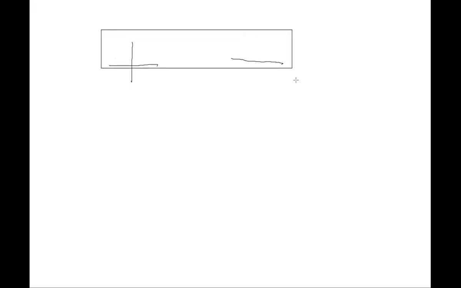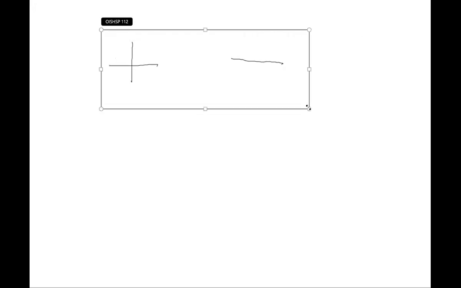So operations on real numbers. You know what the operations are. Operations are of two categories. One is addition, subtraction. This is one group of operations. Then the other is multiplication, division.